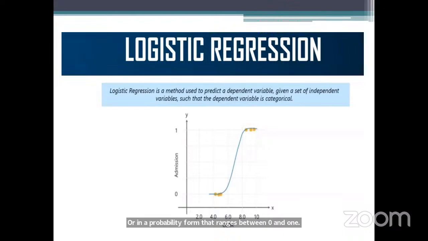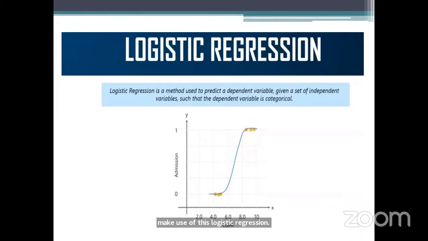Linear regression does not have this ability. If you use linear regression for a binary outcome, the resulting model will not predict the y values in the range of 0 and 1, whether it will be 0 or 1, because linear regression works on a continuous dependent variable and not a categorical variable. That's why we make use of logistic regression.